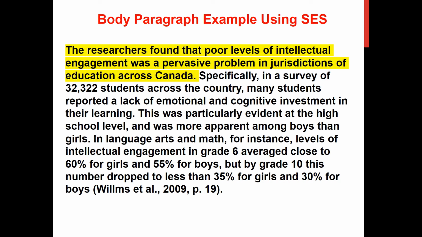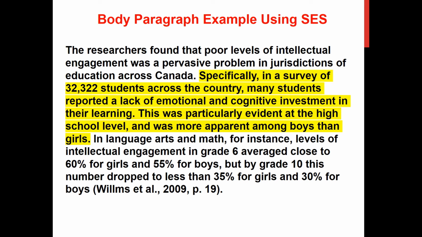And now I need to develop this, explain it further. Generally this is going to be 2 or 3 sentences. So I've written, specifically, in a survey of 32,322 students across the country, many students reported a lack of emotional and cognitive investment in their learning. This was particularly evident at the high school level and was more apparent among boys than girls.